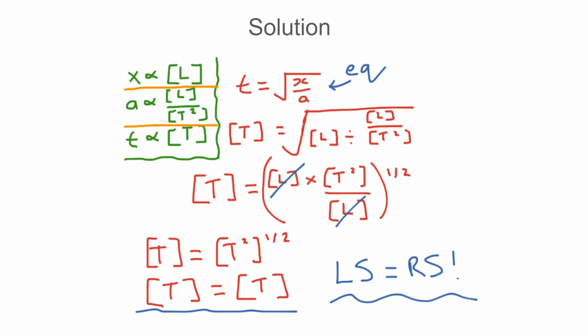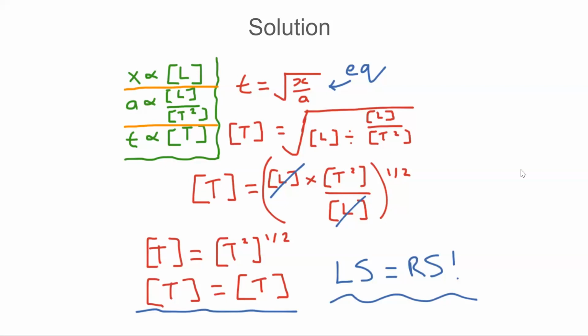So after substituting the dimensions into the right side variables, we can see that there is a square root, and the square root also means that we can just multiply it by the power of 1/2. And then after doing that, we can do the division of the dimensions inside the bracket.